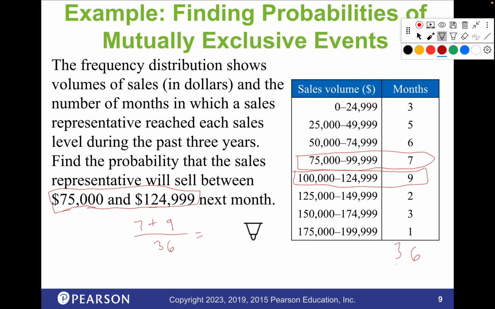So we just add them together and we get 16 out of 36, which again will reduce. 4 goes into both of those, doesn't it? 4 goes into 16 4 times. 4 goes into 36 9 times. Okay, so make sure mutually exclusive, just add them together.